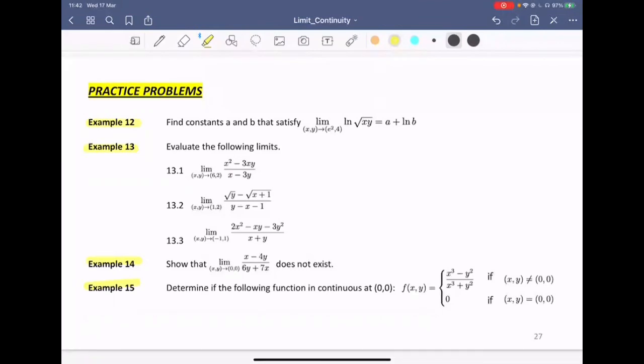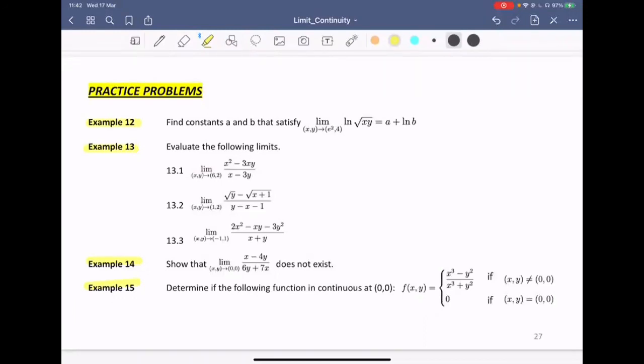But do it first, because I'm going to delay about 2 weeks to upload my solution, since I want you to do that first. So do as many as you can. Examples 12, 13, 14, 15, 16, 17. Two weeks after, we'll check the solution on my YouTube channel. Does it make sense? So you can check whether what you did is right or wrong.